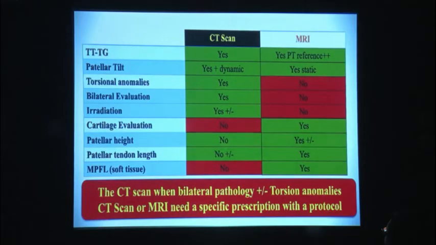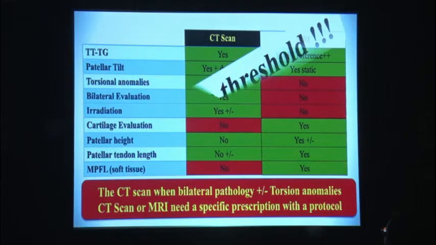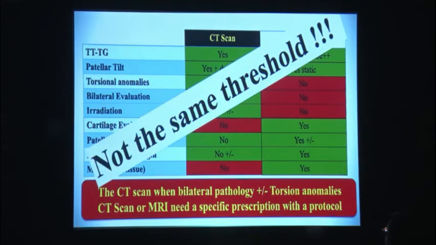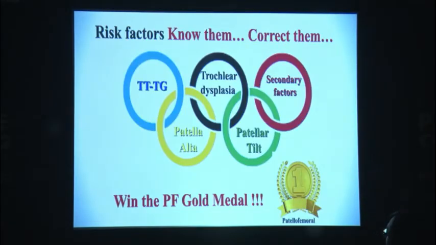So these are a little bit different values, and you need to know that the thresholds between CT scan and MRI are a little bit different. But you can do both, so you can use MRI or CT. And for example, more and more I'm using MRI, and I think that I see more things on MRI than on CT now, okay?